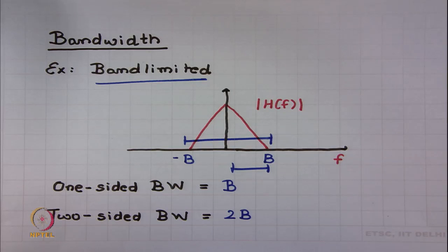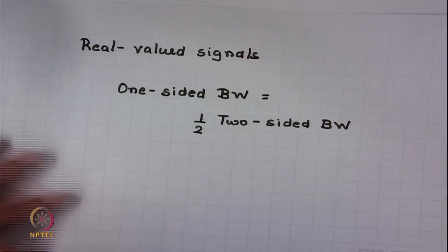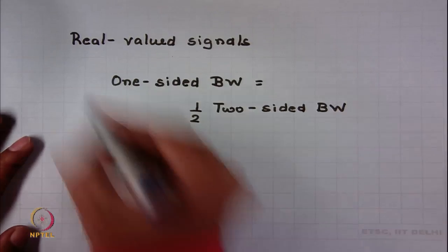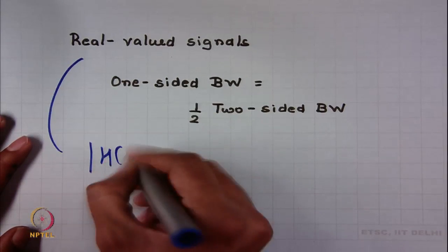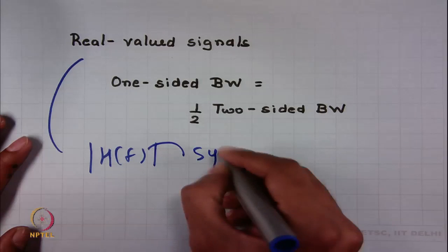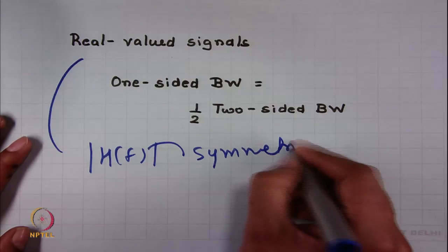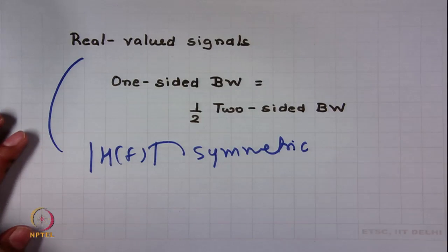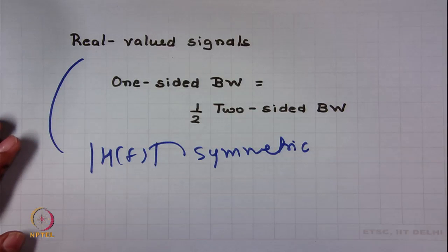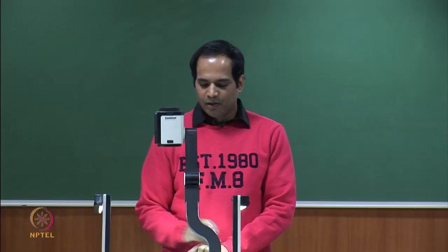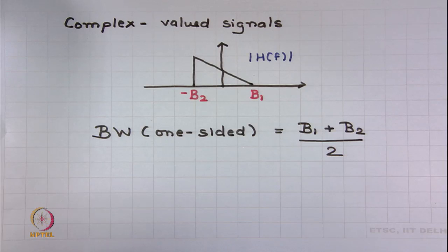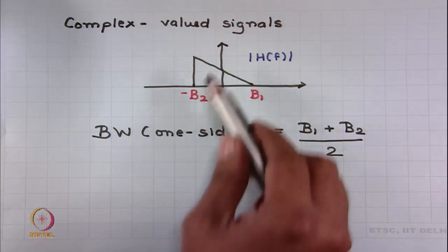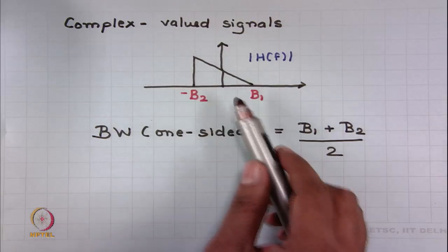And we know for real valued signals, because mod of H(f) is symmetric, one sided bandwidth is always going to be half of two sided bandwidth. Okay.